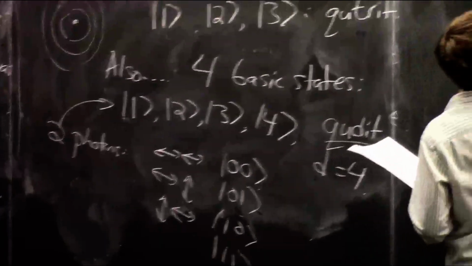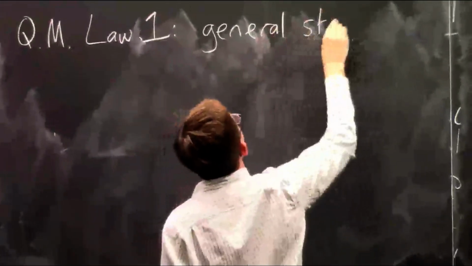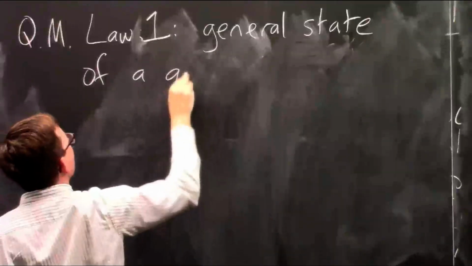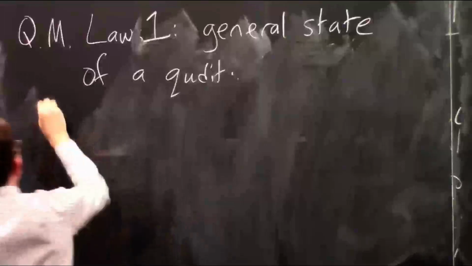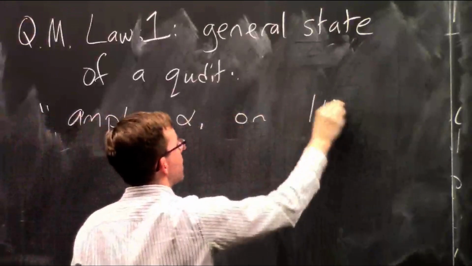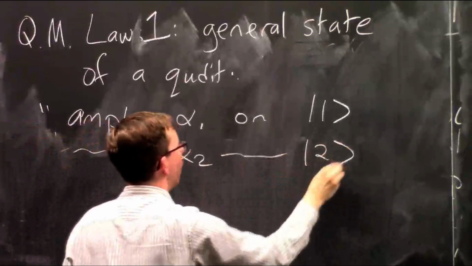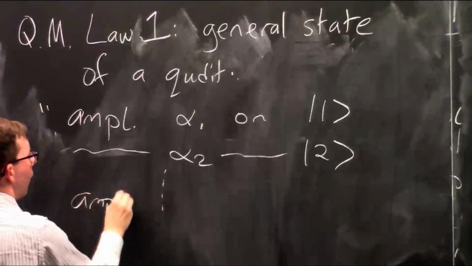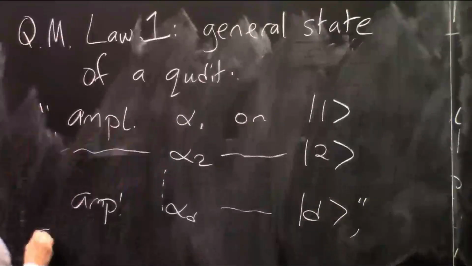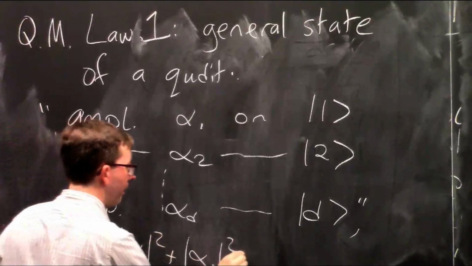Law 1 becomes: the general state of a qudit looks like amplitude alpha 1 on basic state 1, amplitude alpha 2 on state 2, etc., down to amplitude alpha d on state d, such that the magnitudes squared of these numbers add up to 1.